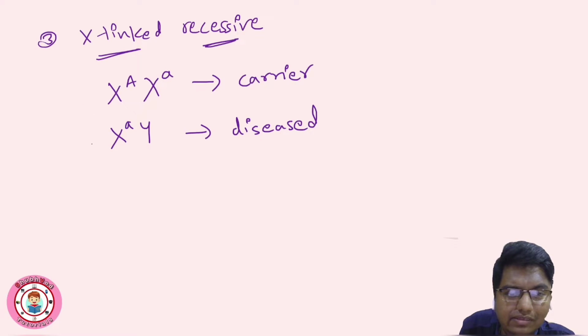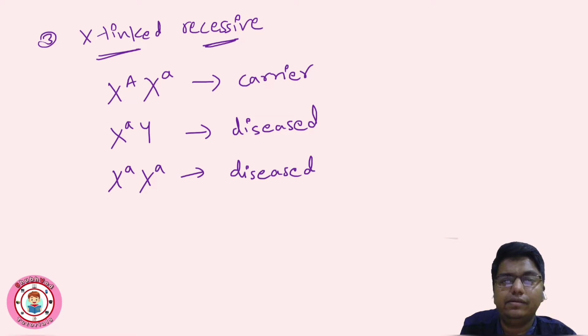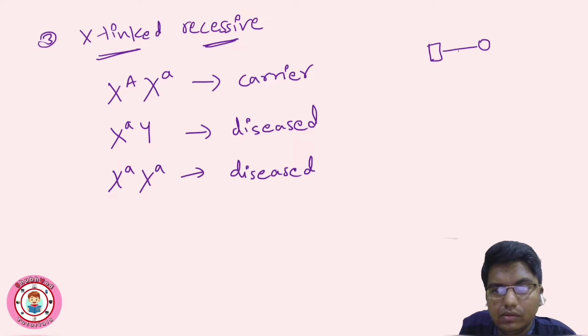As well as if we see here for females, this condition will be diseased, right? Okay, got it. So if I draw a pedigree, right, then 3 progenies.